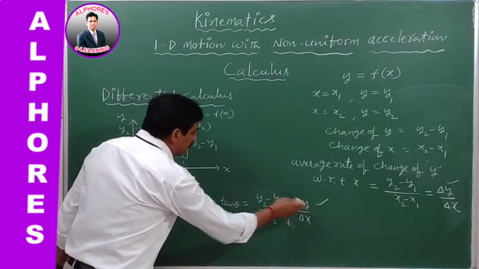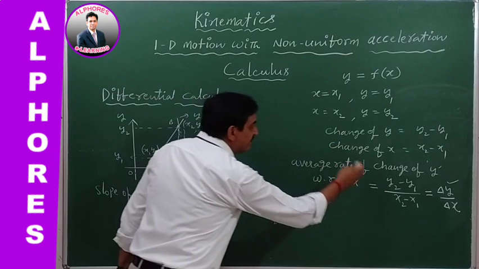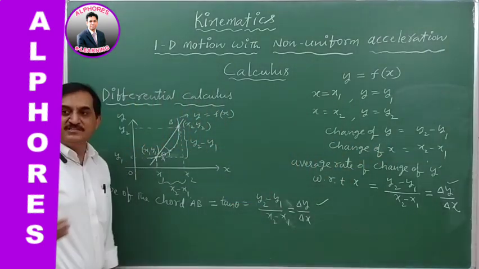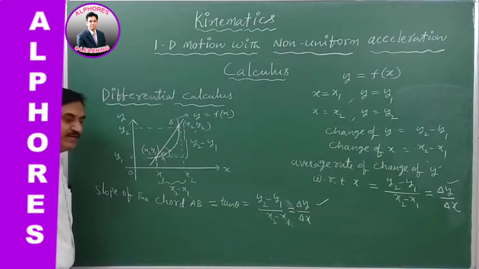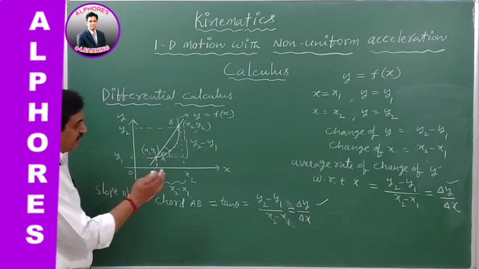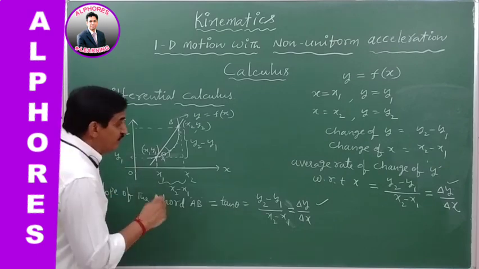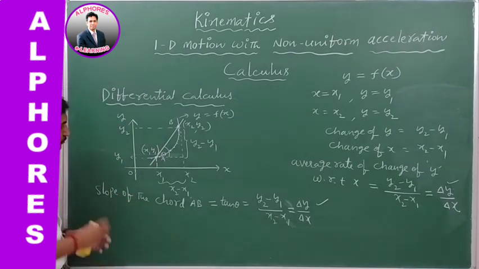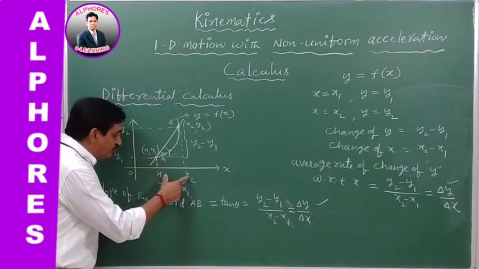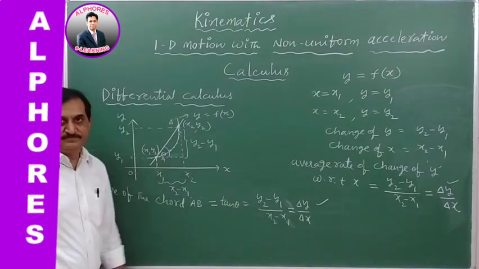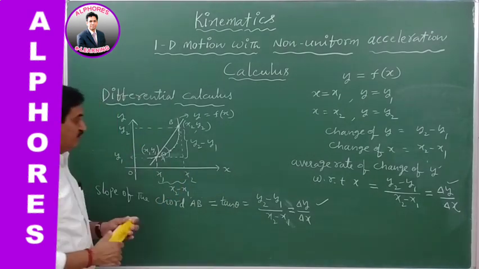So that is the slope of the chord, which gives the average rate of change of y with respect to x. Okay, so this is how we can interpret it by taking the geometry, right? Next, suppose this x2 minus x1 is a considerable amount.